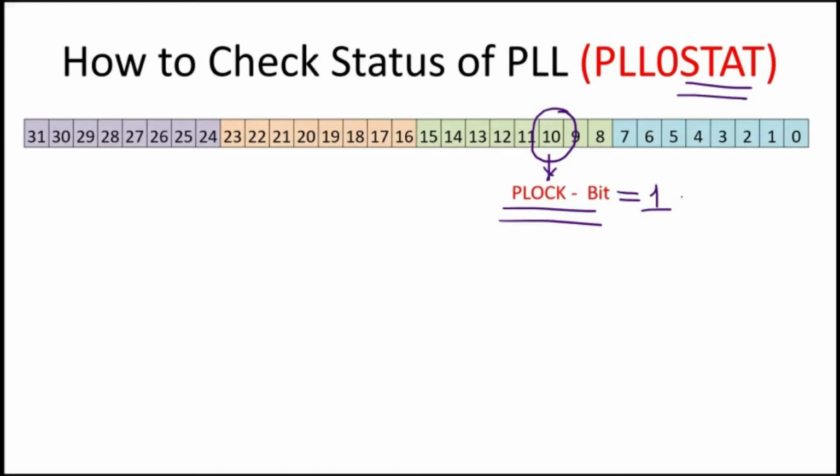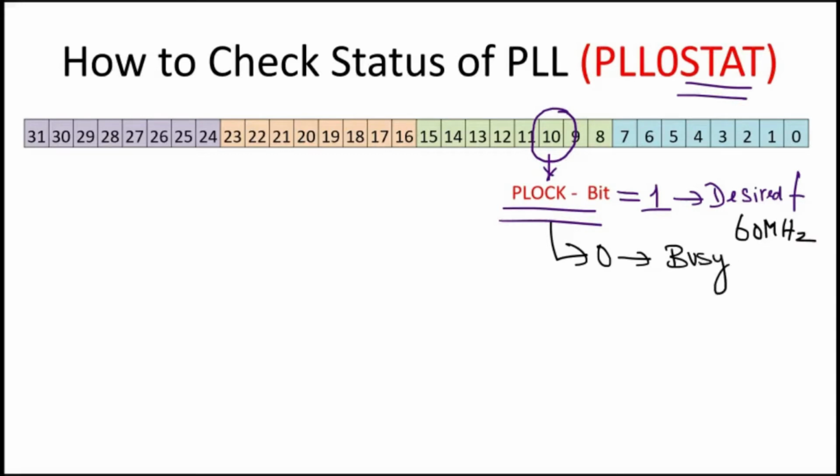In this case, my desired frequency is 60 MHz. If the processor has achieved 60 MHz, the lock bit becomes 1. If the lock bit is equal to 0, what does it mean? The PLL is either busy generating the 60 MHz or the desired output, or it is not functional at all.